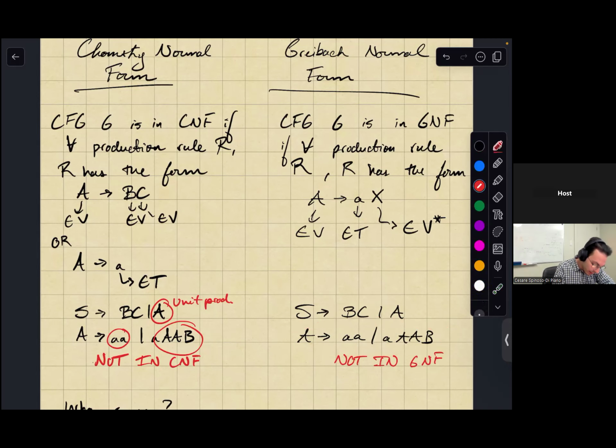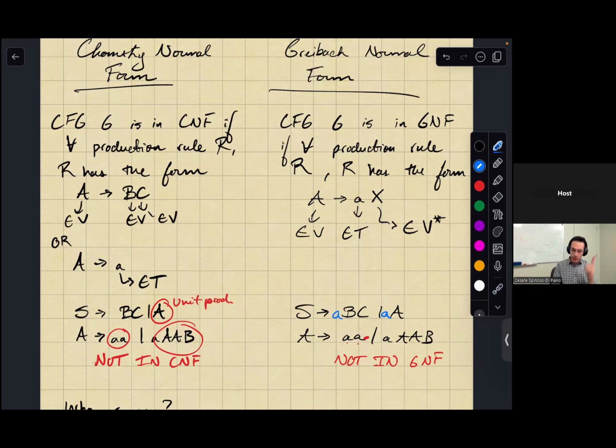So for instance, here I have A A, and then here I have the empty string, right? I don't have any variables. That's fine. That's legal. Then here I have A and then 3 variables. That's also fine, right? But here these two things are not legal because you have to have exactly one terminal here and here, right? So if I had exactly one terminal here and here, then it would be in GNF.